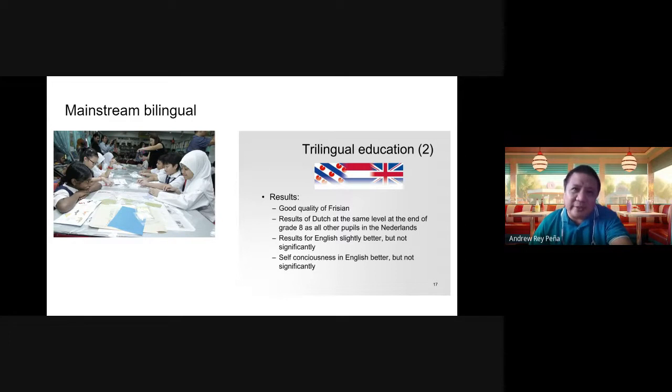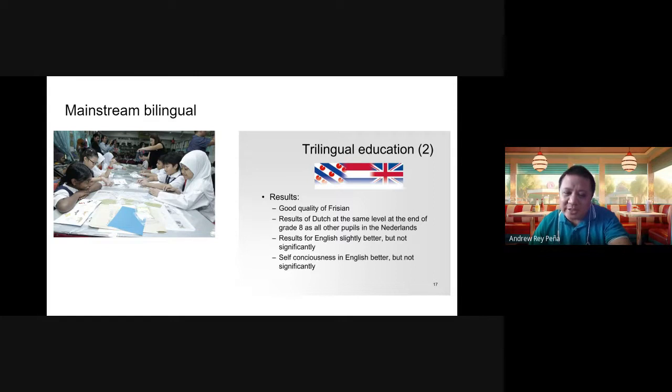In Switzerland, you have French, you have German, and both of them are considered majority languages. So all languages are considered majority languages, and all students in this type are majority language speakers. An example of this is the Dvibahasa system in Brunei.